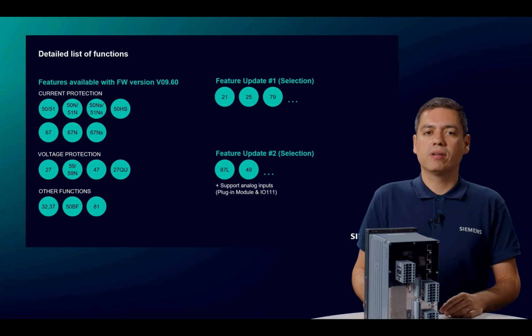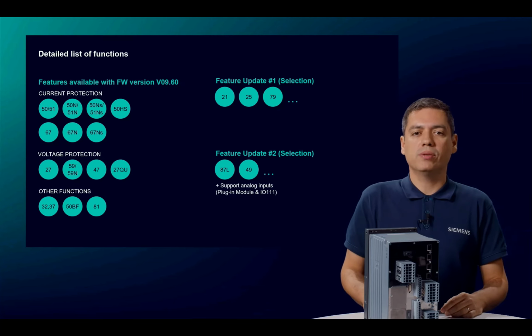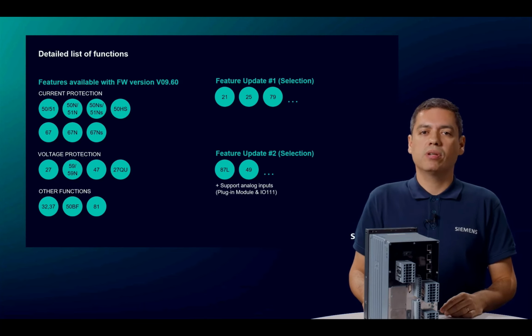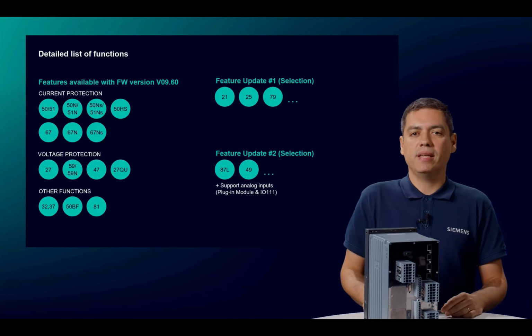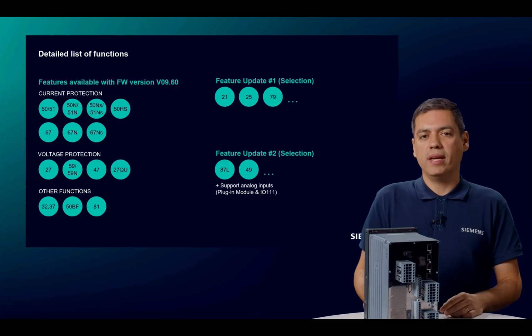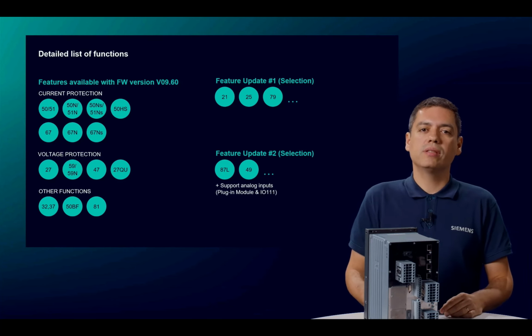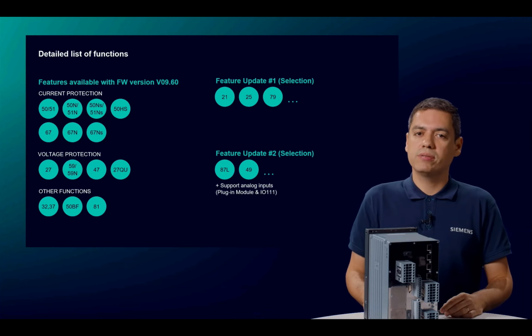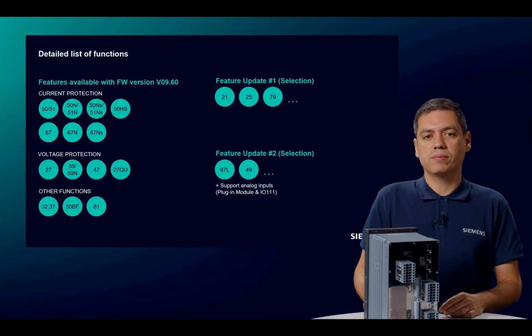In the following major version, around April 2024, many more functions will be added to map the functional scope of the 7SX82 to the 7SY82. I would just like to mention the line differential protection function as the main protection function.